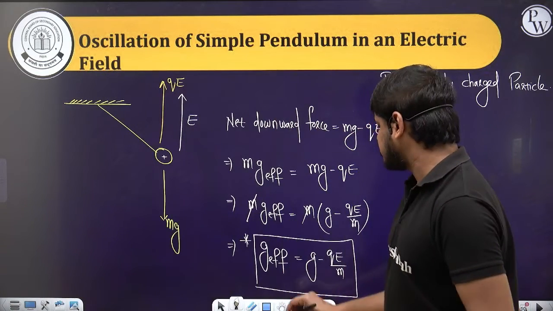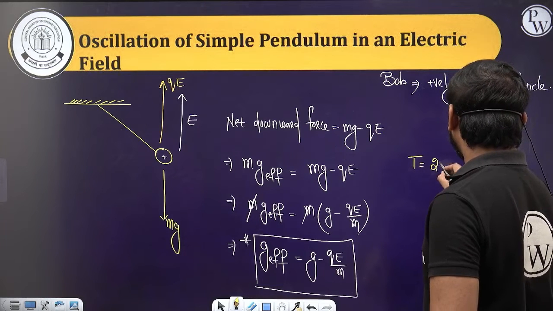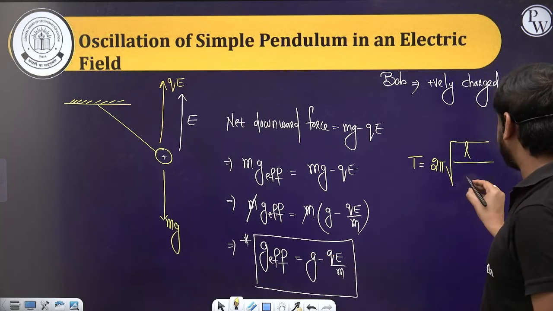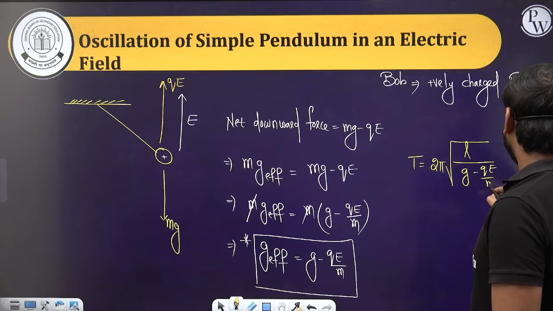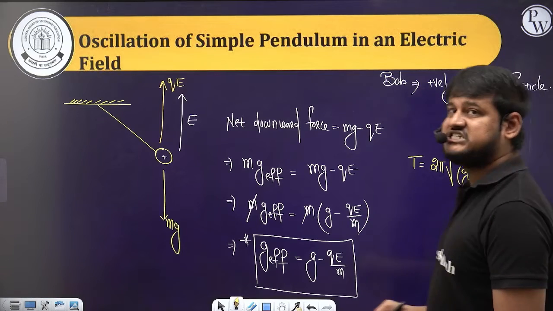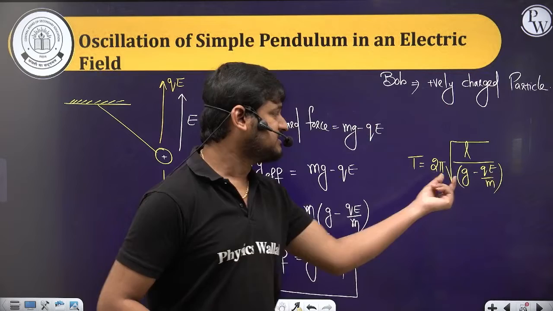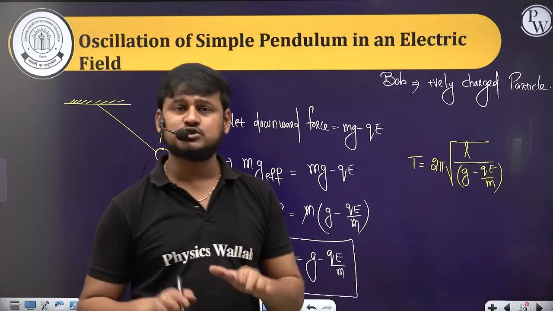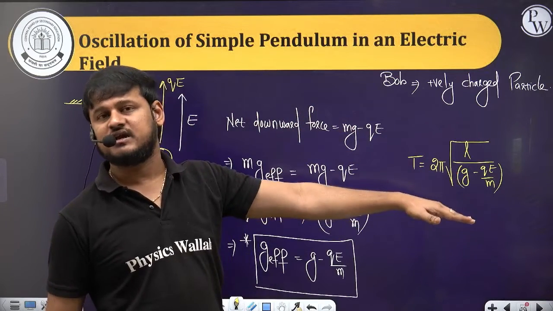Now let's go for the time period. How do you write the time period? 2 pi into root over L by g effective. In place of g effective, we write g minus QE by m. From the g value something is getting subtracted, so overall g decreases, which means the denominator decreases.